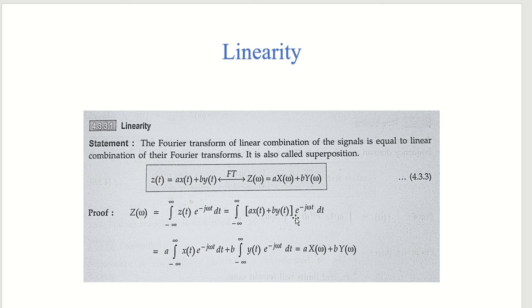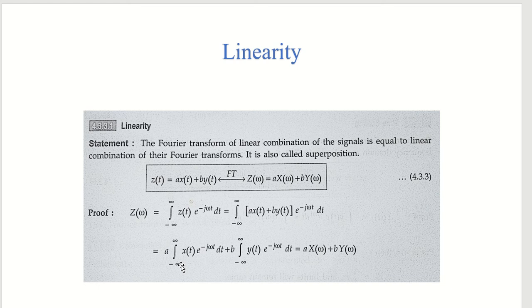Now you can take these constants a and b out of the integration, and multiply e raised to minus j omega t inside the bracket. So we get a times the integral from minus infinity to infinity of x of t e raised to minus j omega t dt, plus b times the integral from minus infinity to infinity of y of t e raised to minus j omega t dt.